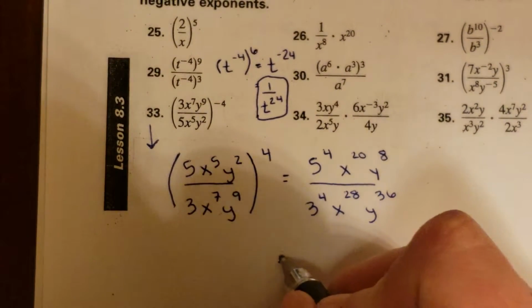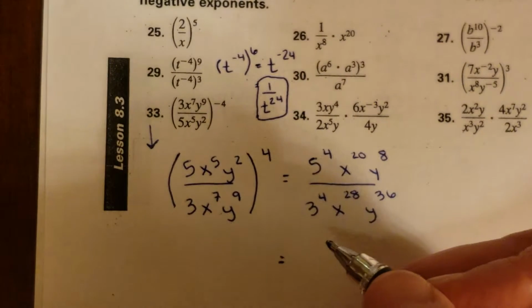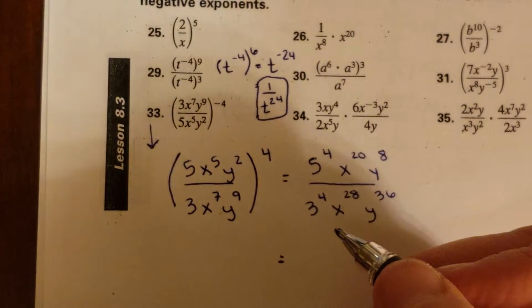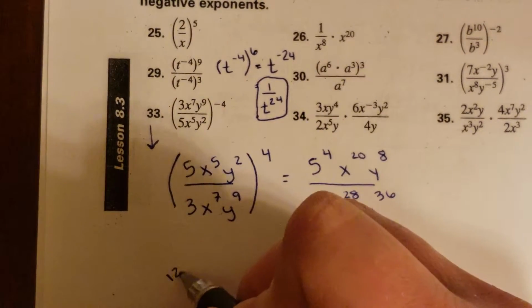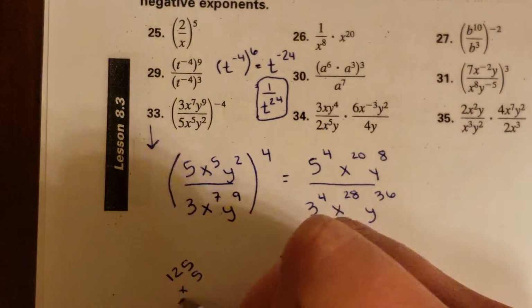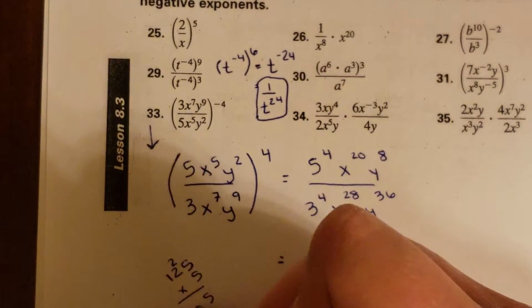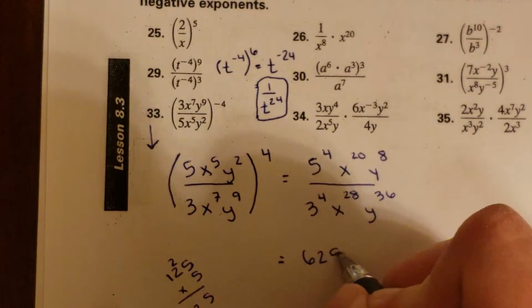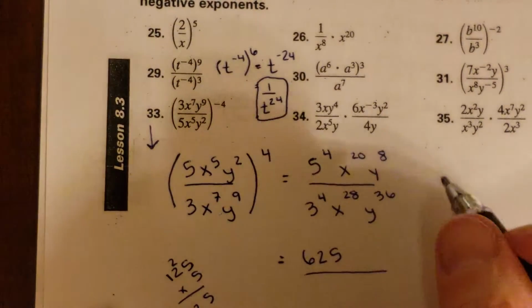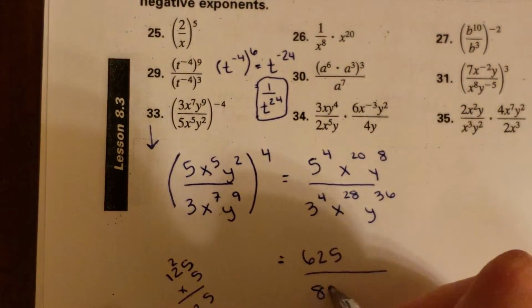Okay. 5 to the 4th is 5 times 5 is 25 times 5 is 125 times 5, I don't know this, but it's late. 625, of course I knew that. 625 over 3 to the 4th, we said it was 81.